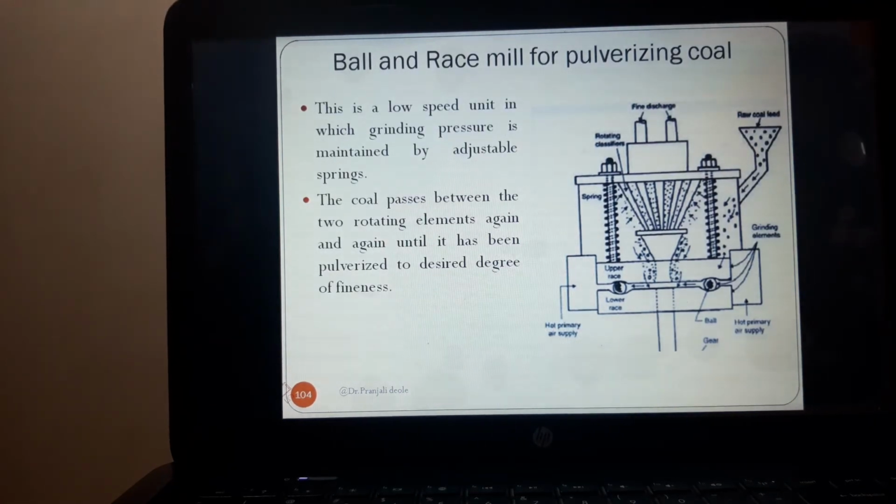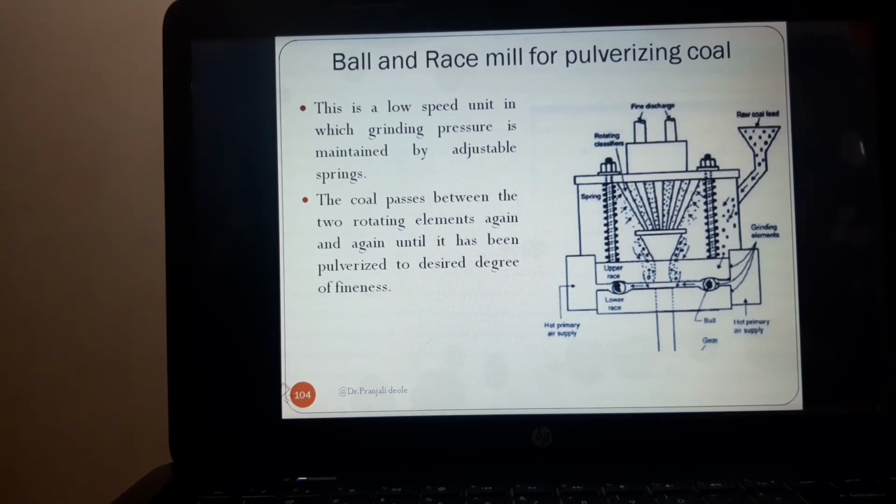So let's talk about the ball and race mill for pulverizing coal. This is the diagram showing the ball and race mill.